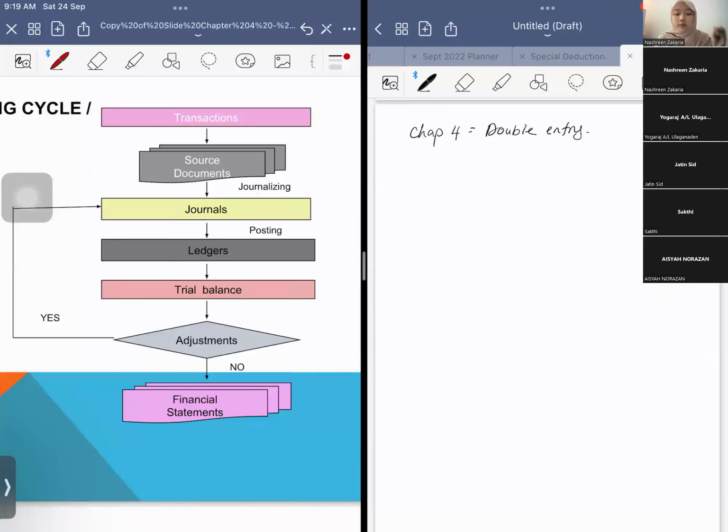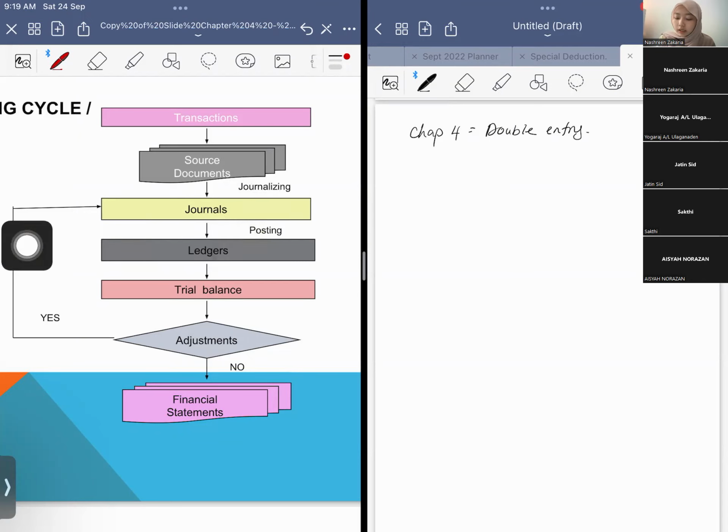And then from this source of document, let's say the receipt just now, they need to prepare journals, which is the second step. They need to journalize it.